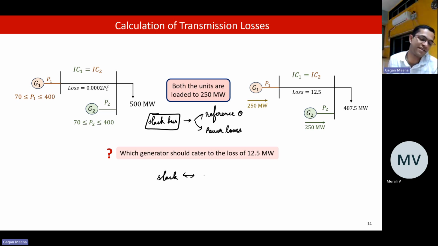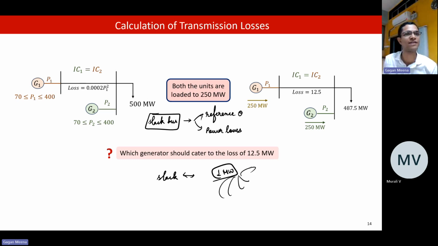If all the buses are involved in the slack, then we use that participation factor. If there is a one unit change in load, increase or decrease, how that is shared by all the generators, that we have seen in participation factor in the previous week.